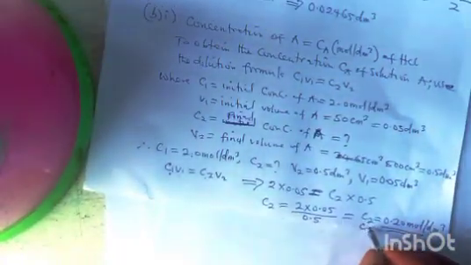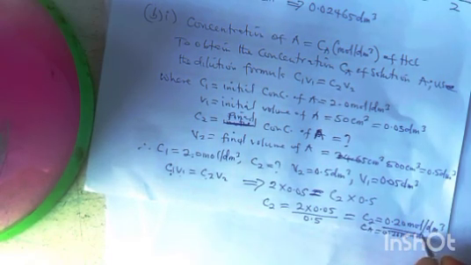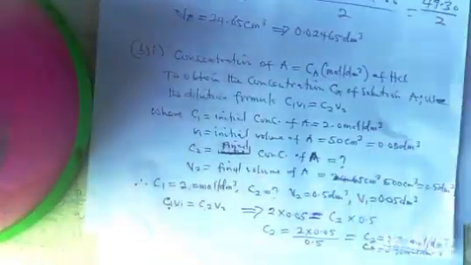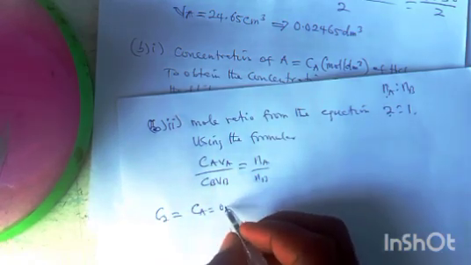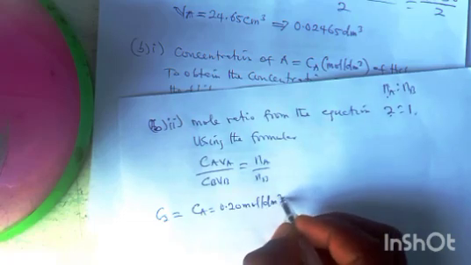Let me make it clear: this C2 here is also noted as our CA. So we've already gotten the concentration of acid, which is our CA. Therefore C2 is equal to CA, which is 0.02 mol/dm³.